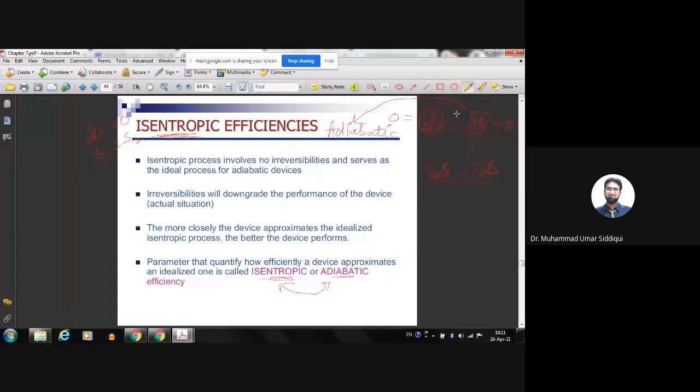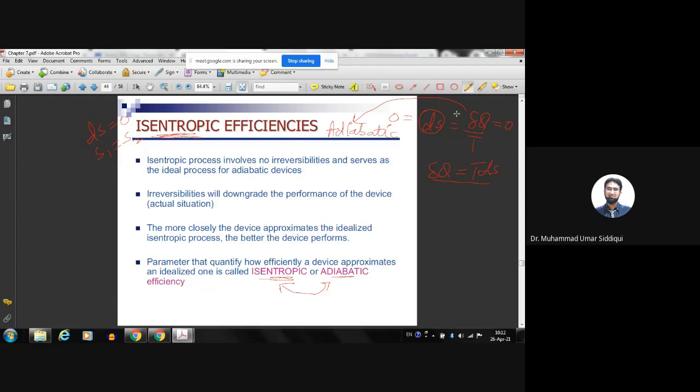So let's talk about isentropic efficiency. When we say isentropic, it means entropy remains the same, and the other way round, entropy the same means there is no entropy generation, and no entropy generation means there is no irreversibility in the system.